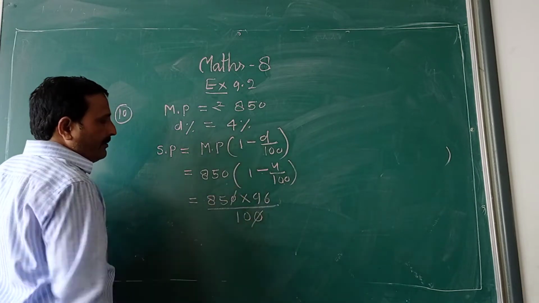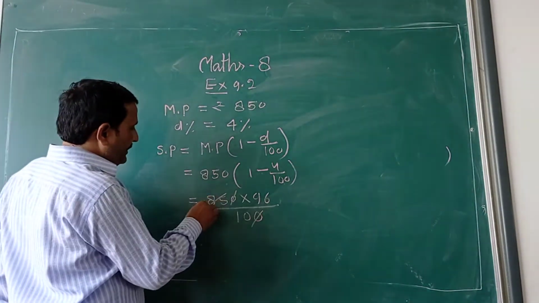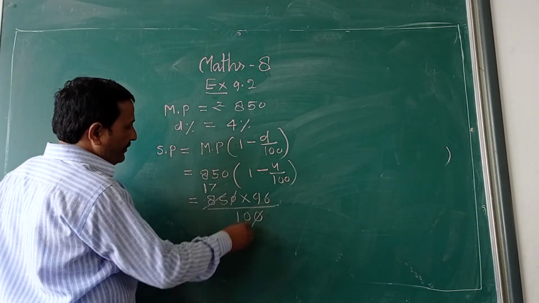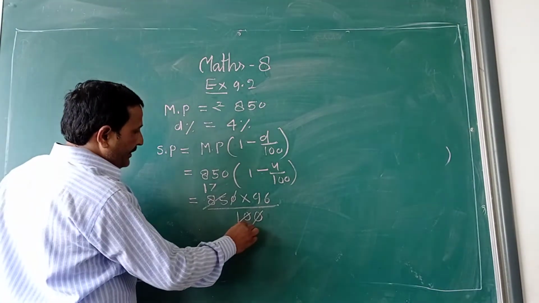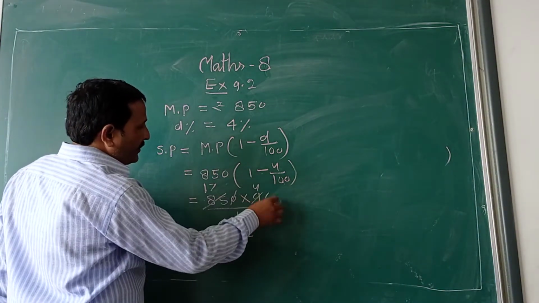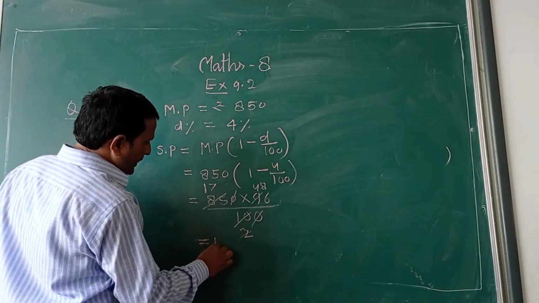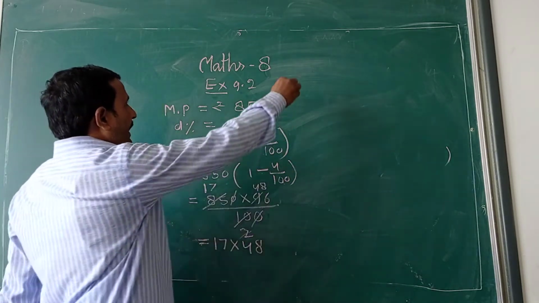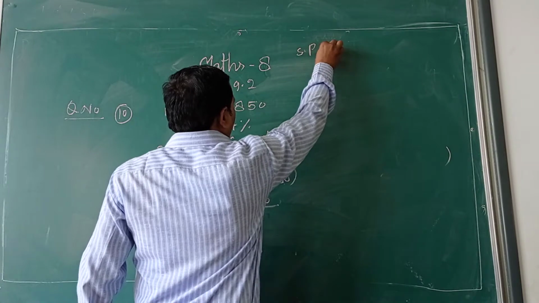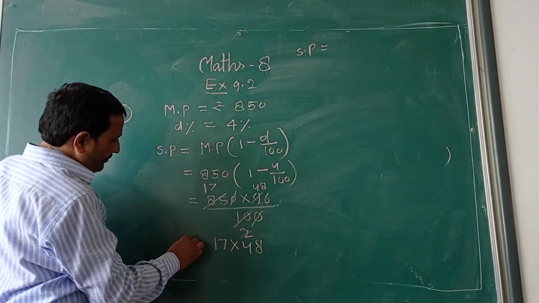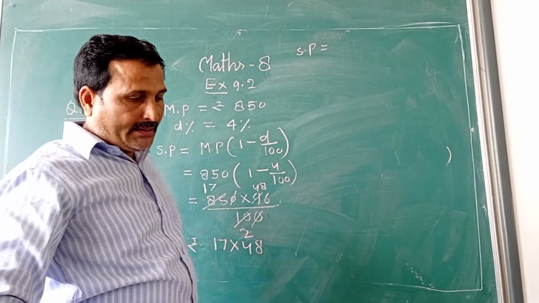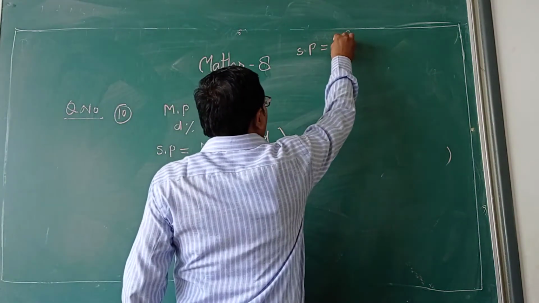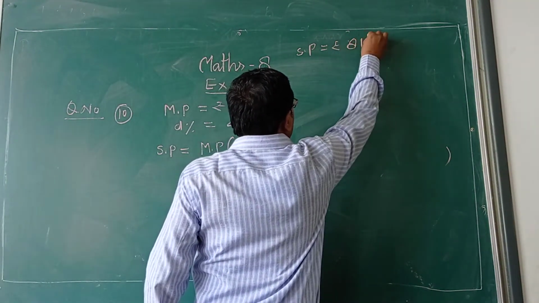See, the 0s cancel. 5 17s are 85... after multiplication, SP will come to rupees 816.